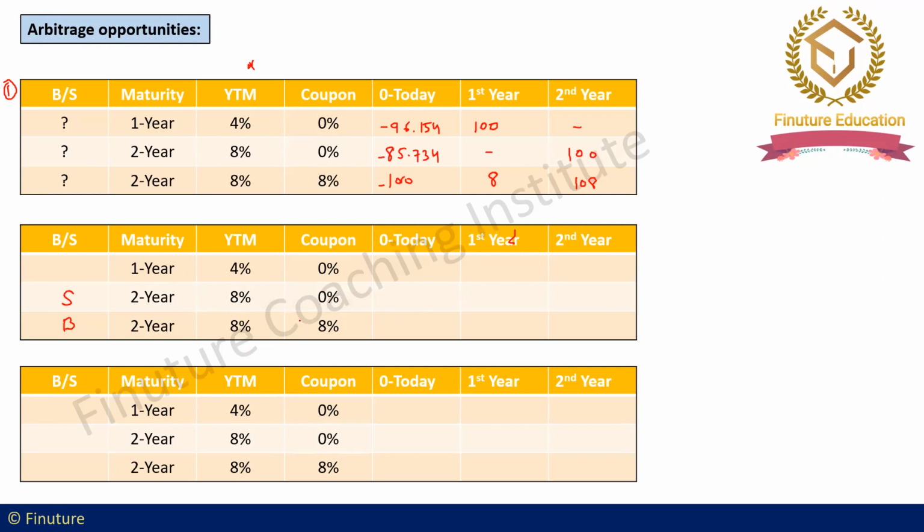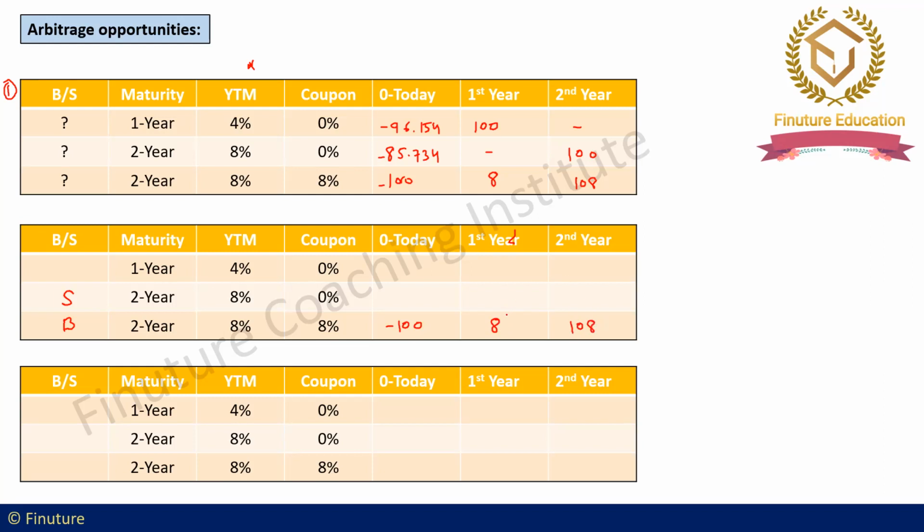If I need to buy this bond, I would need some cash, say minus 100, because I need to buy this bond. If I buy this bond, it would give me $8 coupon. I'm a long bond holder, I have invested $100. I'm getting $8 in the first year as coupon, and I receive my 108 in the second year.